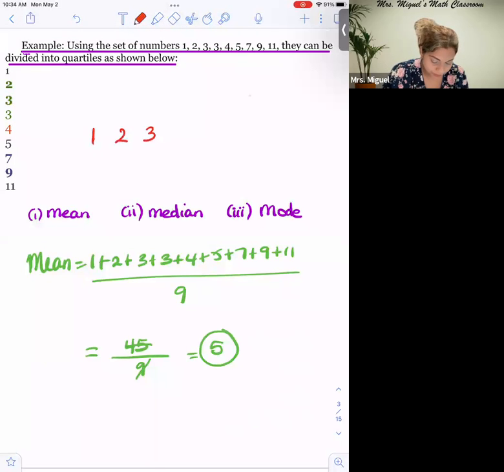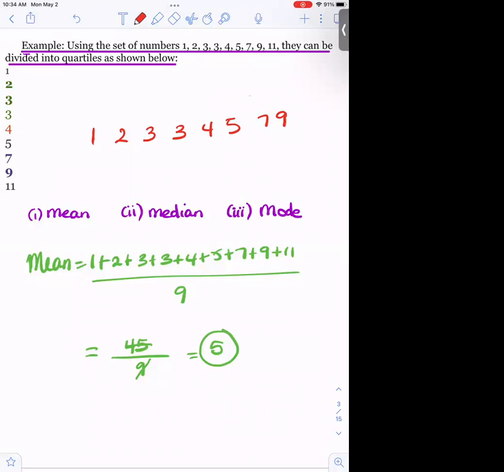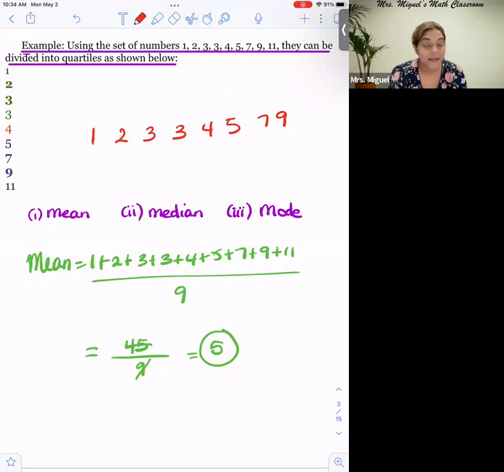1, 2, 3, 3, 4, 5, 7, 9. Is it an odd set of data or even set of data? How many numbers do we have? We have 9. Do we consider that an odd or even? Odd. So it means that the middle value would lie exactly.